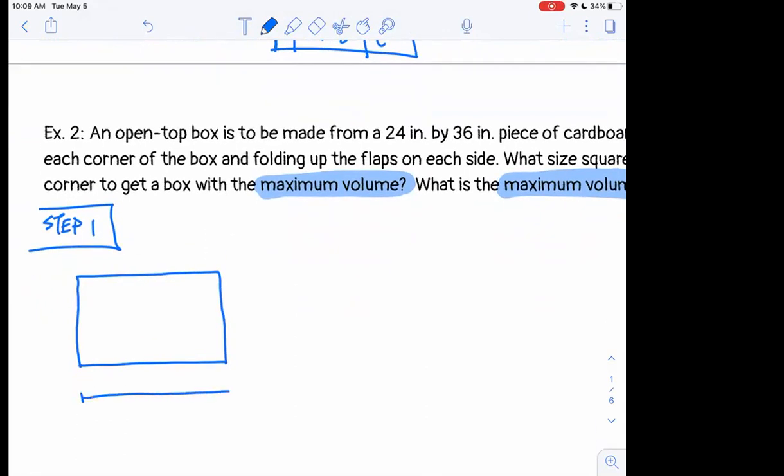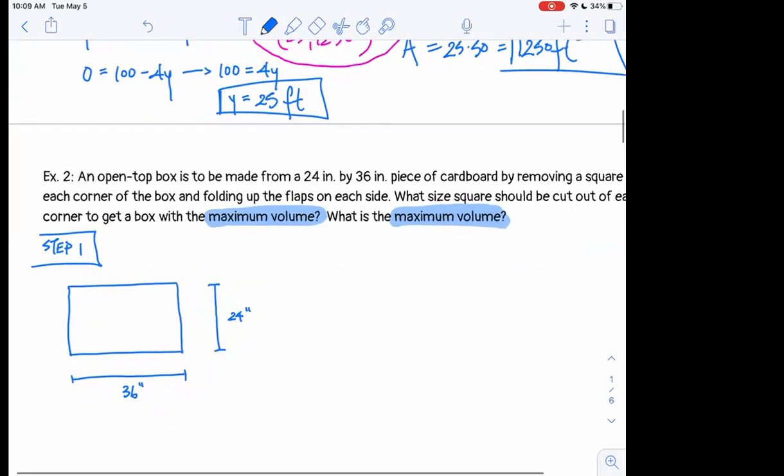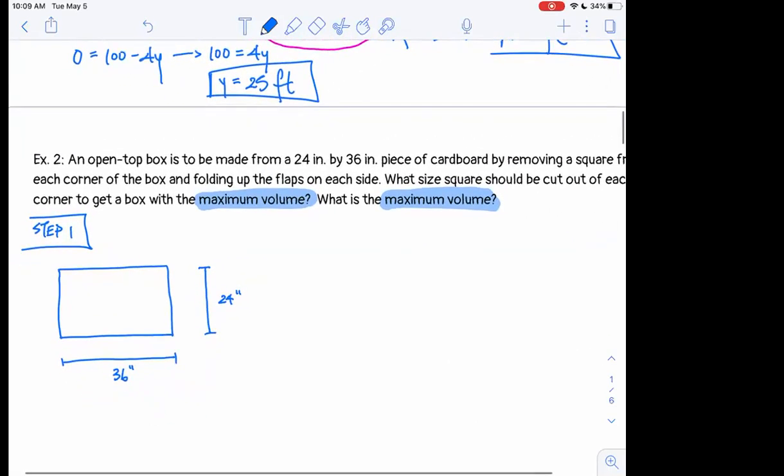So I know that this bottom length, that one looks a little bit longer, so I'll call that the 36 inches. And then the one that's going up and down for me is 24 inches. Okay. So I have a 24 by 36 inch piece of cardboard.